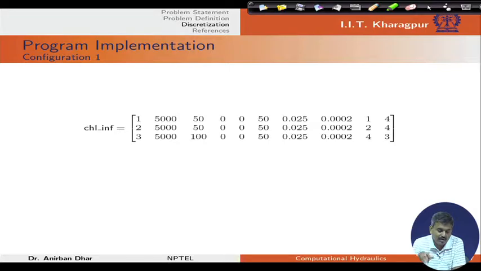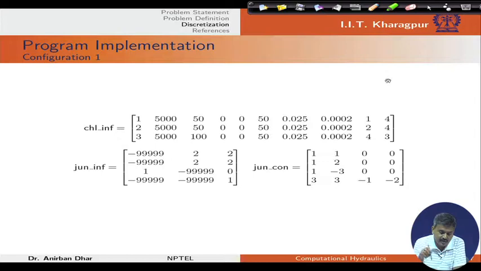As per our previous program structure from the steady state flow condition, we have CHL inf, which is channel information matrix. This is 1 2 3. This is the same our same matrix or same table that we have directly utilized.